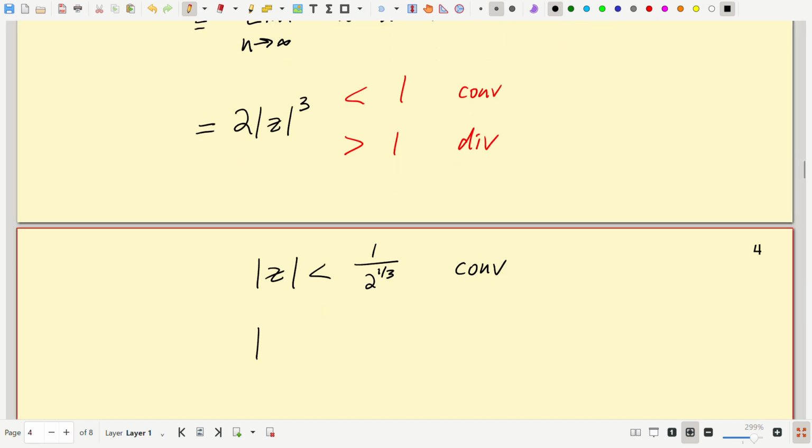And if mod z is greater than that, I get divergence. And that exactly means that the radius of convergence is 1 over the cube root of 2. Okay, so the ratio test there is a very straightforward thing to do.